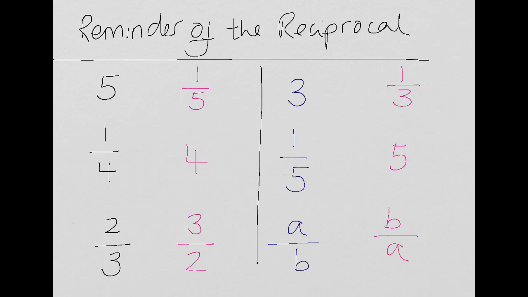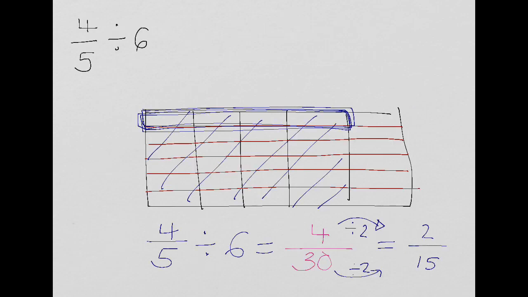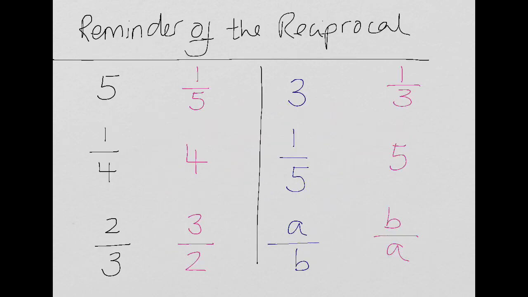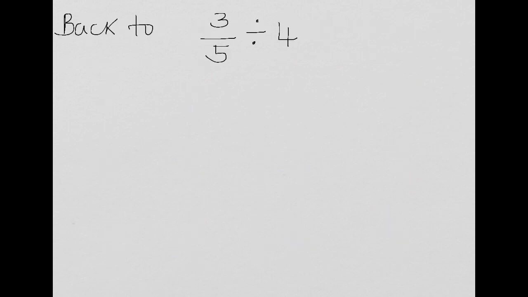So we can remember what the reciprocal is, and now I'm going to link our knowledge of the reciprocal with this back here. So remember 4/5 divided by 6, we did 4/5 bar and we divided by 6. And we've just remembered how to do the reciprocal. And I want us now to go back to 3/5 divided by 4.